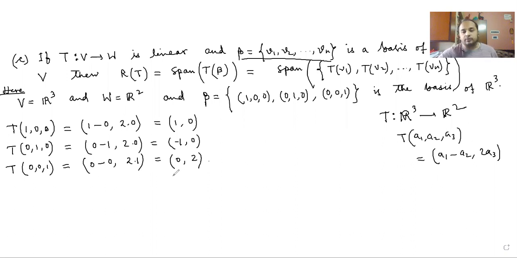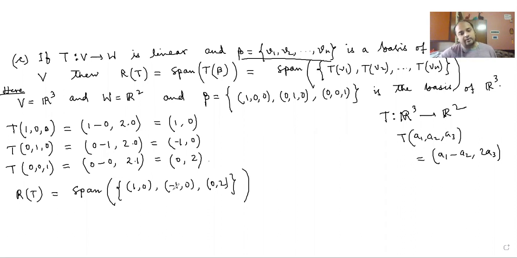Okay, so we have calculated all of them, but we know from the above result that R(T) will be equal to the span of these items. See the above result.